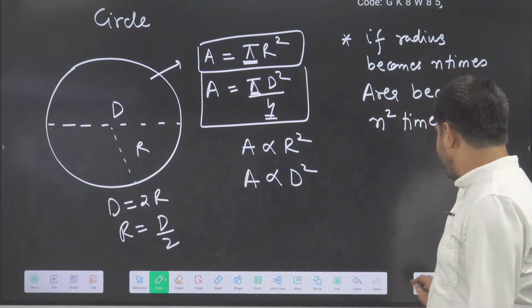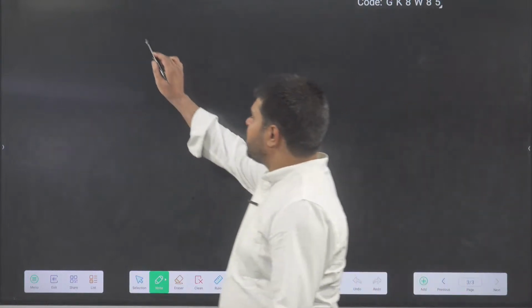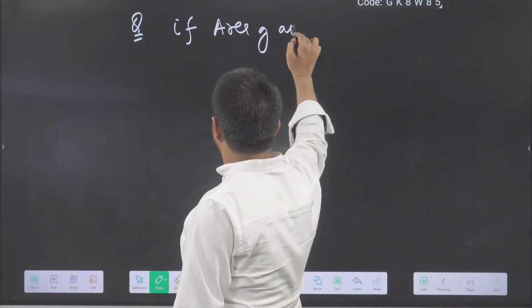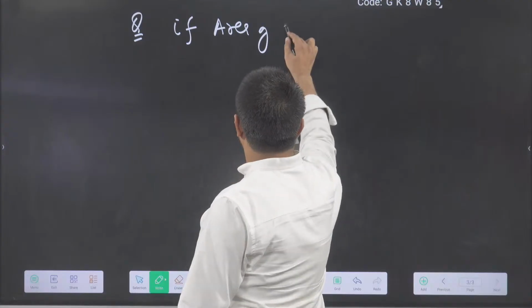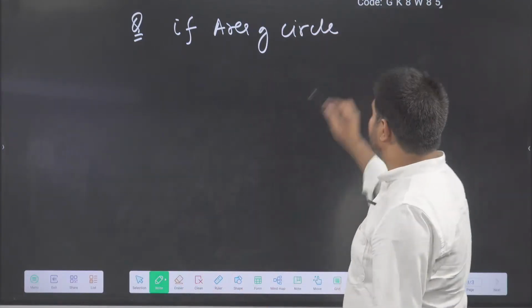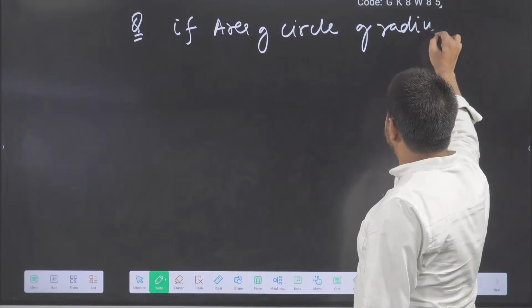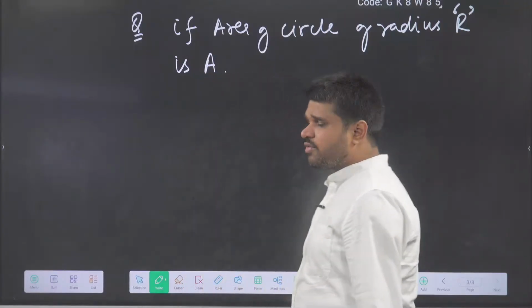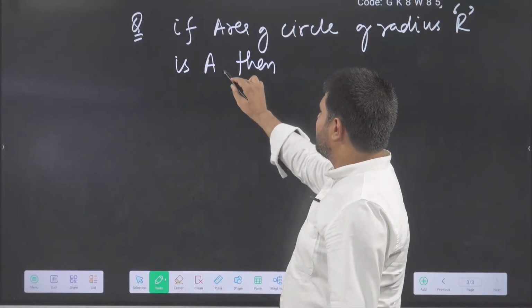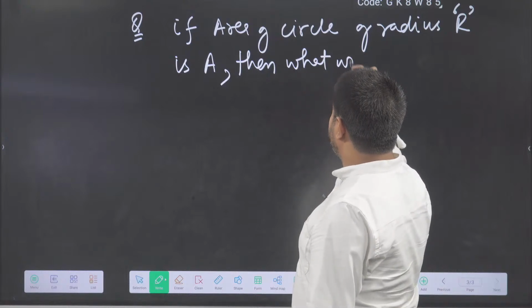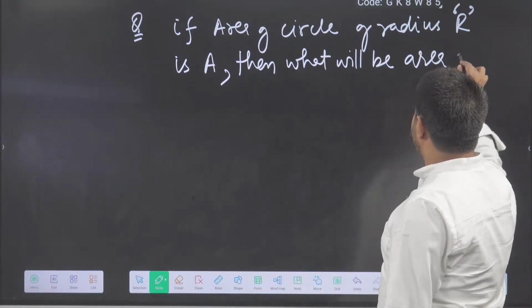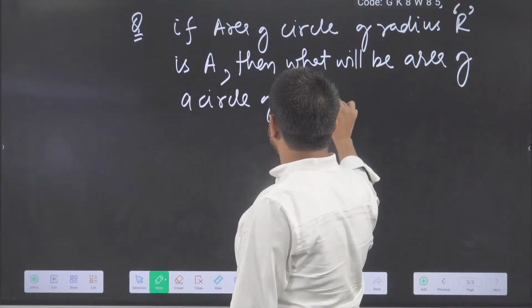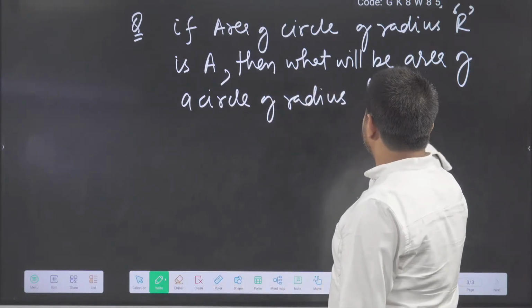So do one question. The question is, if the area of a circle of radius r is a, then what will be the area of a circle of radius 6r?